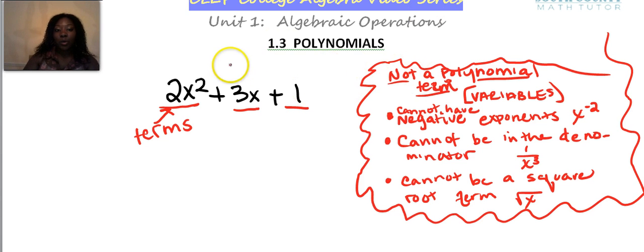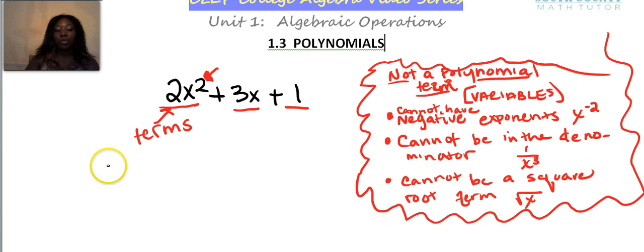The biggest exponent we have is the leading term. So the leading term has the biggest exponent we have for the polynomial. Here, the biggest exponent is x squared. And we like to write them in numeric order.